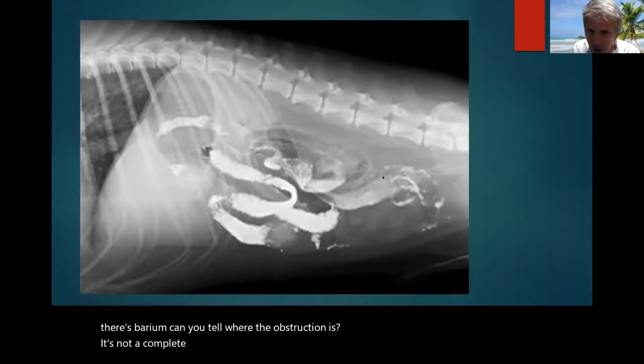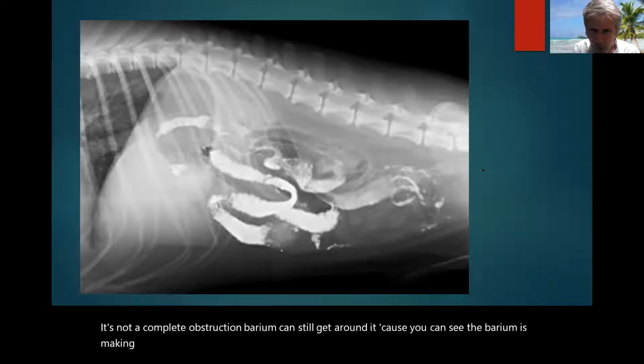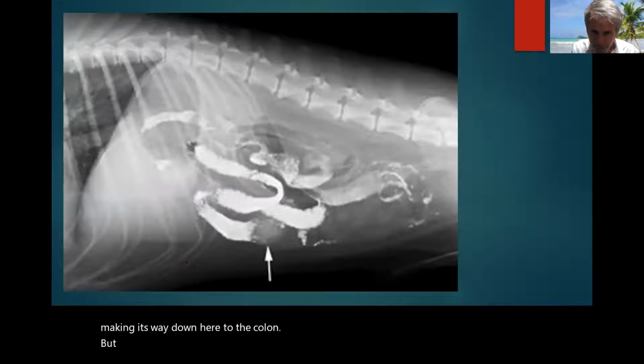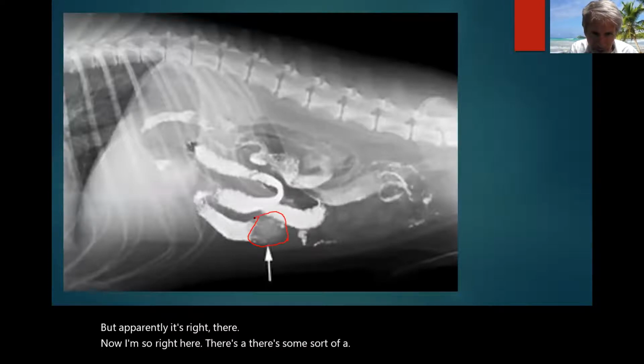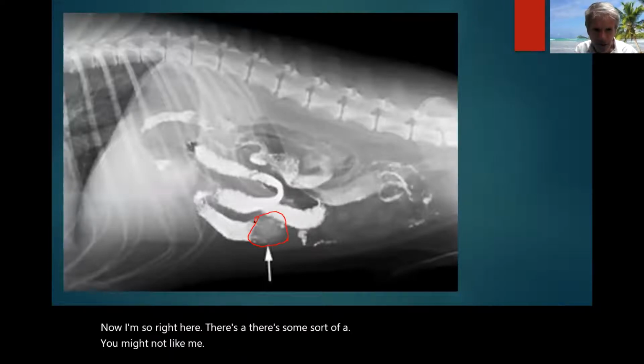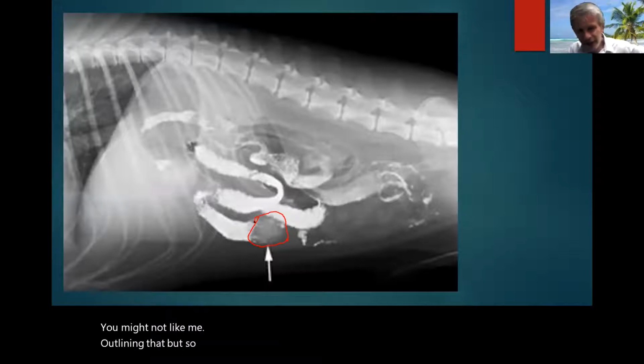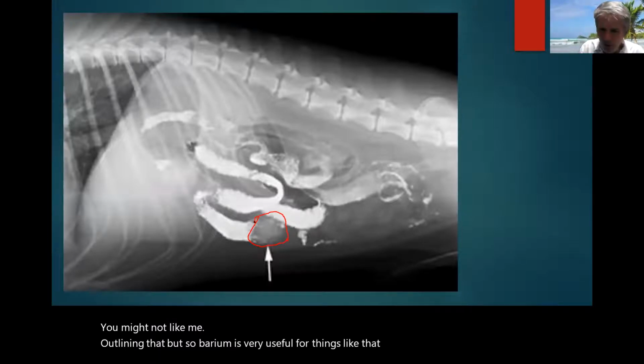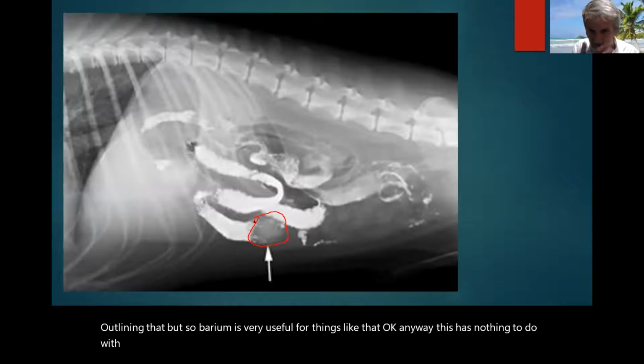Barium can still get around it because you can see the barium is making its way down here to the colon, but apparently it's right there. Now, right here, there's some sort of, you might not like me outlining that, but barium is very useful for things like that. Okay. Anyway, this has nothing to do with the diseases we're talking about, but I thought it would be useful for you to see barium in action again.